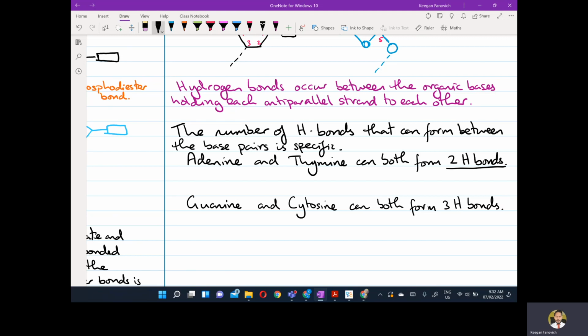So if you notice something, these are both purines, and these are both pyrimidines. Those are both purines and those are both pyrimidines.